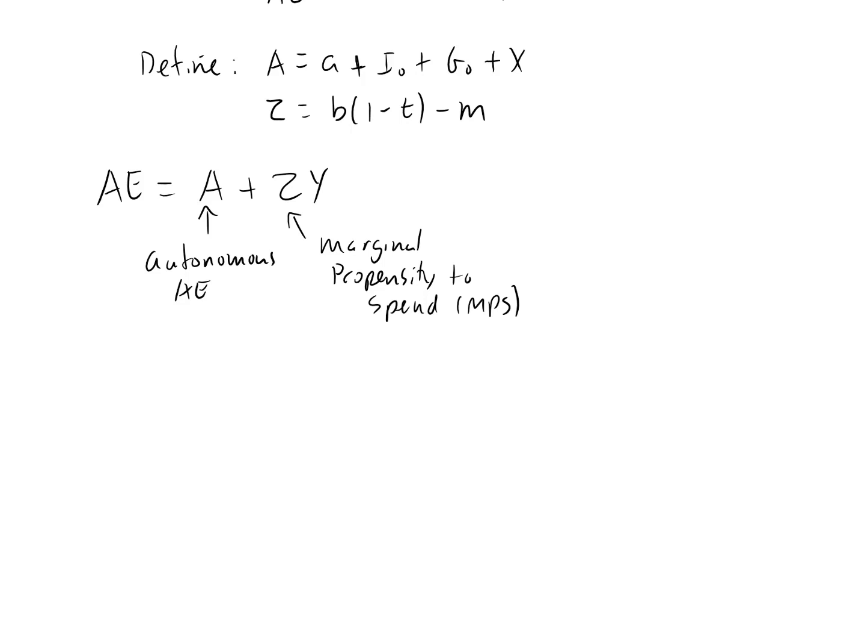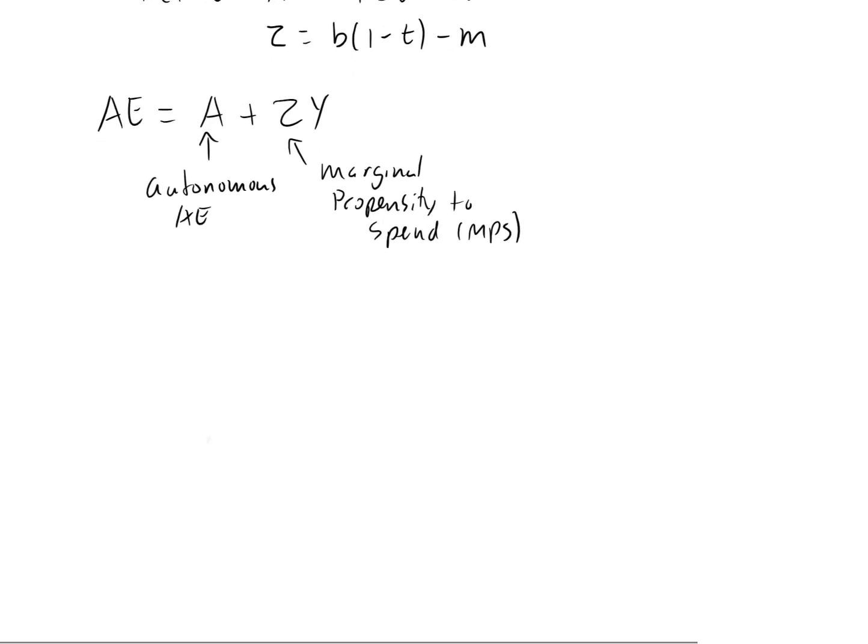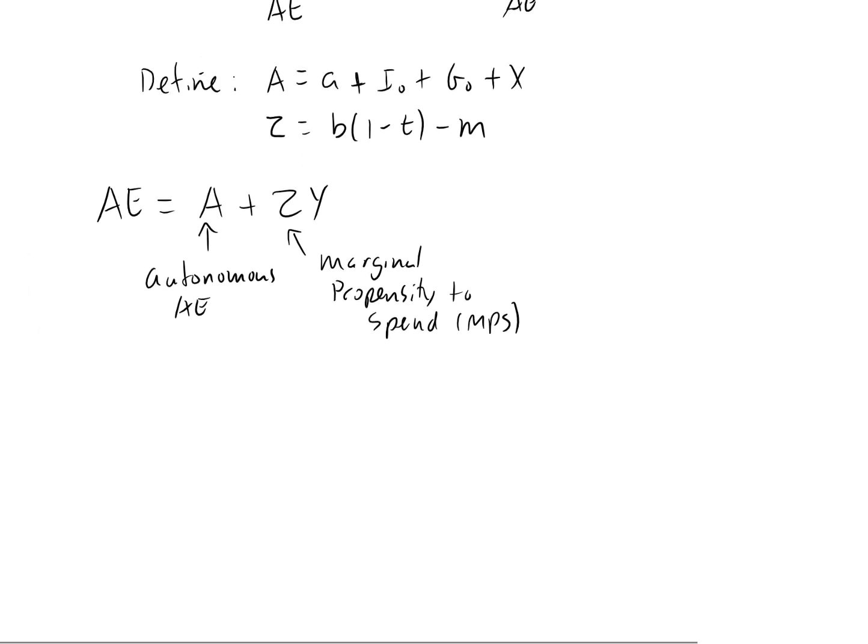But z here is the marginal propensity to spend out of national income. So if our national income goes up by $1, our desired level of expenditure goes up by a certain portion of that dollar. This is how we're rewriting our AE function.